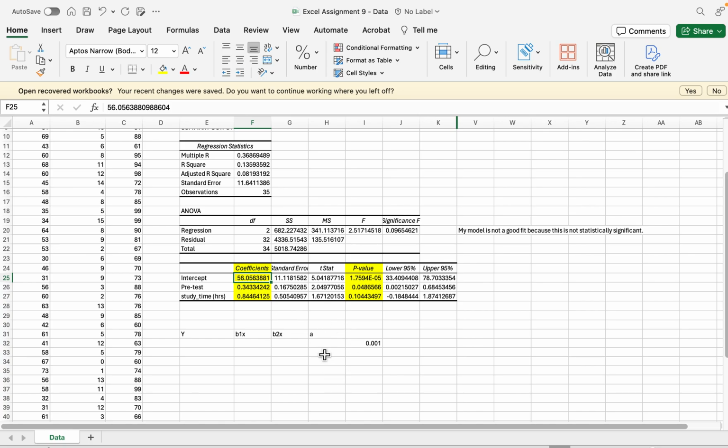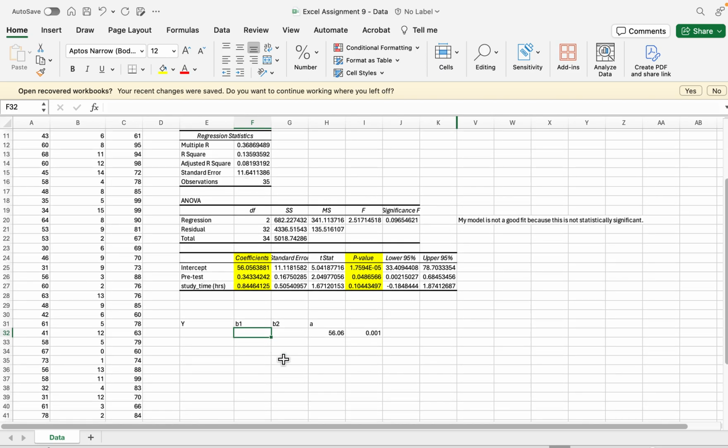56.056. So I'm going to have to round that, right? Because I want 2 decimal places. That's typically what I ask for. So 56.06 would be A. And then now I'm going to just put the B2, and then I'll explain to you how to use the X and the B1. So B1, that would be pretest. I'm going to put that up here just to explain this a little better. Study time.